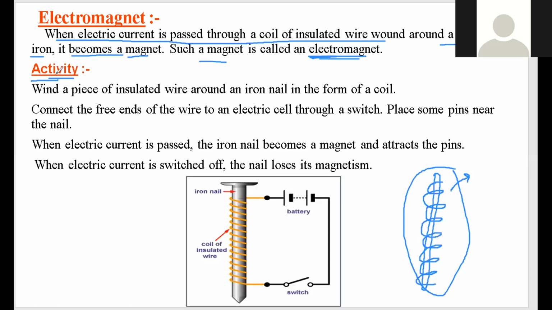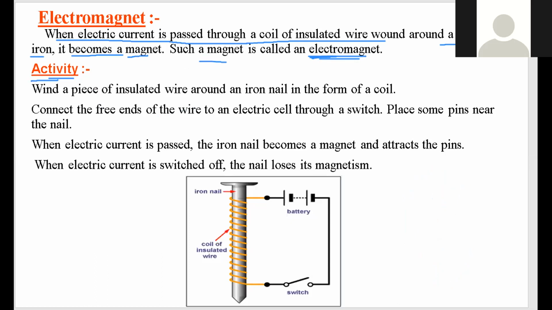In the practical application of electromagnets, the connections are a little bit more complex, but the basic one is this one. Let us see how an electromagnet can be made even at our home if we have the following components.